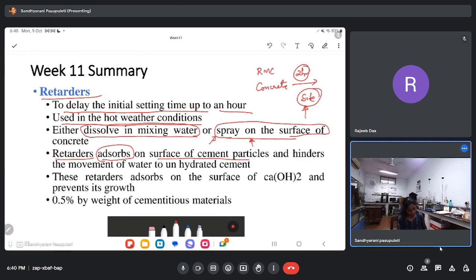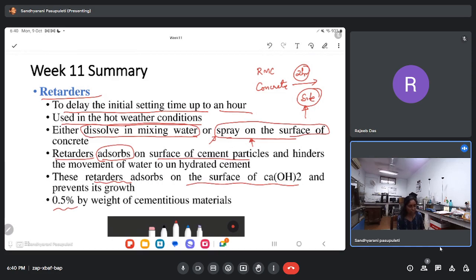At the end, these retarders also adsorb on the surface of the calcium hydroxide, and when they do, they prevent the growth of the calcium hydroxide. It is recommended to use 0.5% by weight of cementitious material.